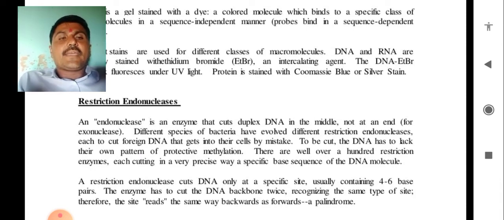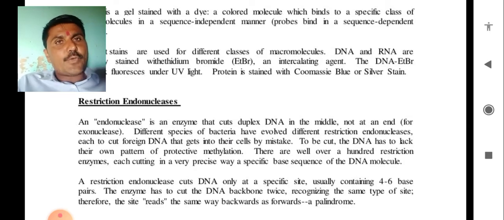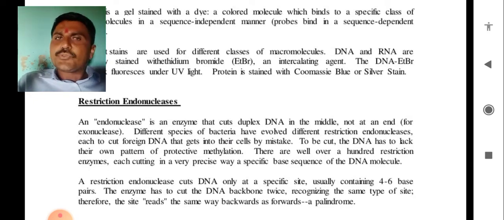The enzyme has to cut the DNA backbone twice, recognizing the same type of site. Therefore, the site reads the same way backwards as forwards, and such a phenomenon is known as a palindrome.